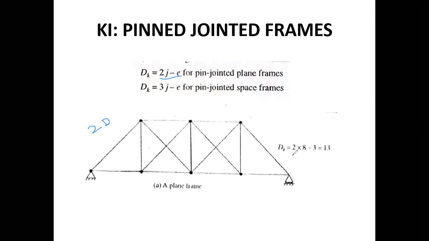So it is 2 multiplied by 8 minus 3. 3 is what? It is the number of reactions. Number of reactions here is 2 at this end and 1 at this end. So it is 2 multiplied by 8, that is 16. 16 minus 3, that is 13. So the degree of kinematic indeterminacy in this case is 13.